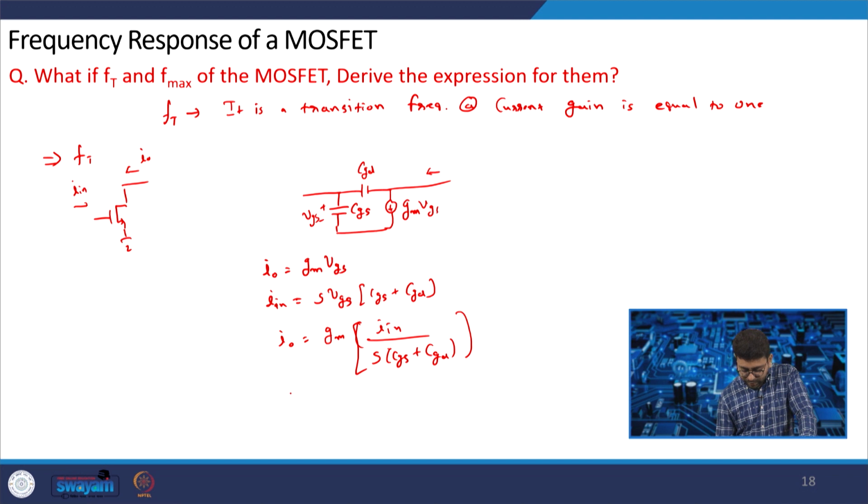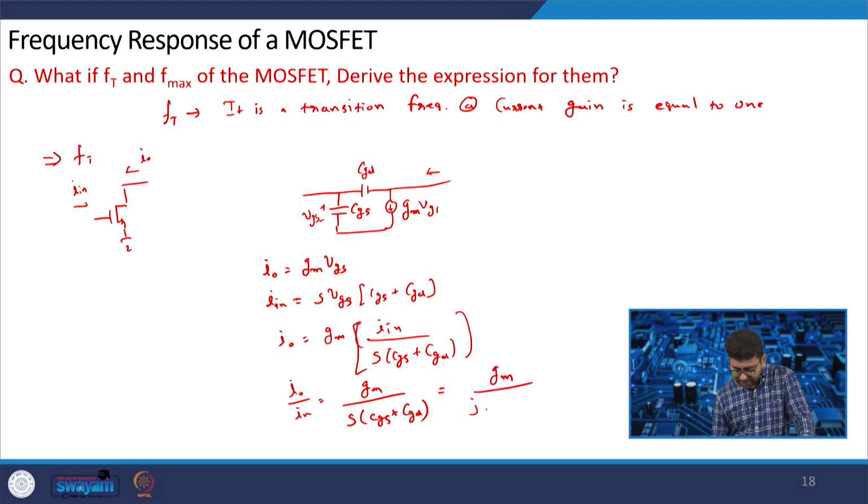So, your output by input current is given by GM divided by S into CGS plus CGD. If we replace S with J omega, it is GM divided by J omega into CGS plus CGD. So, what is the definition of FT? It is the transition frequency at which current gain is equal to 1.